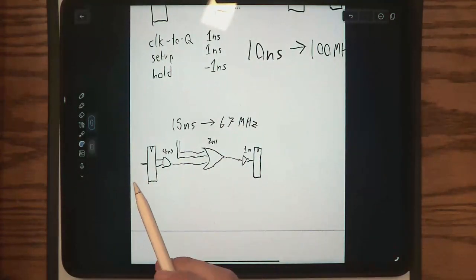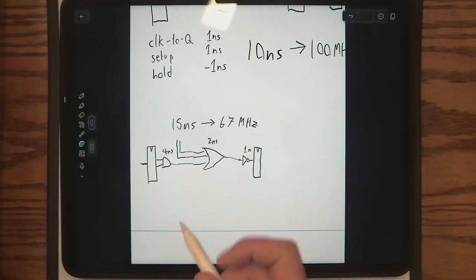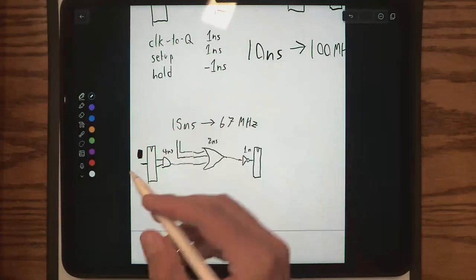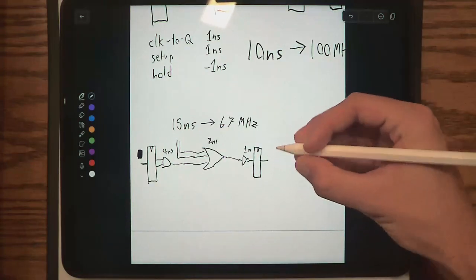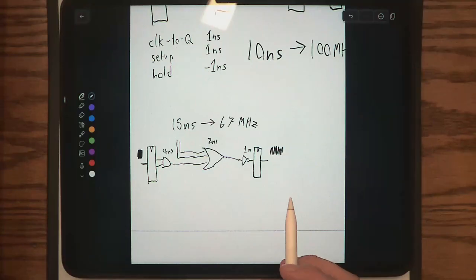So let's assume our clock frequency was running at the maximum speed. What would the time be for data coming in right here to now be valid right here? How long would it take for that to happen?